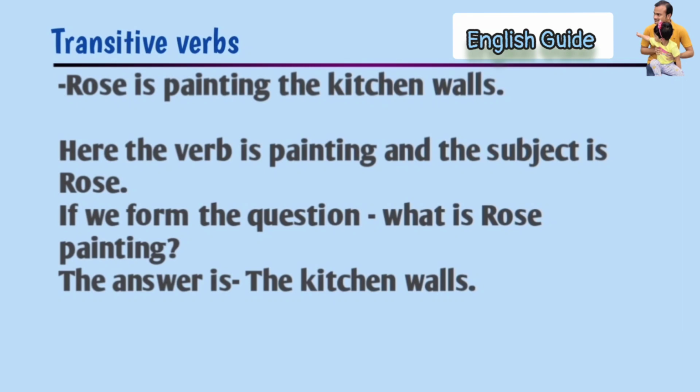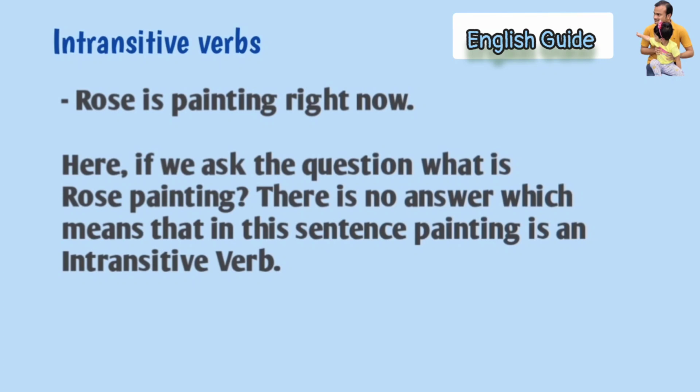So going to next. Now intransitive verbs, you can say simply just the opposite of transitive. Like transitive, we know the action has a direct receiver or object, but here the action doesn't have any direct receiver or object. Example, Rose is painting right now.